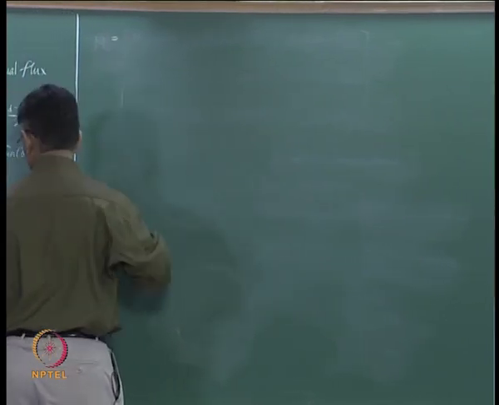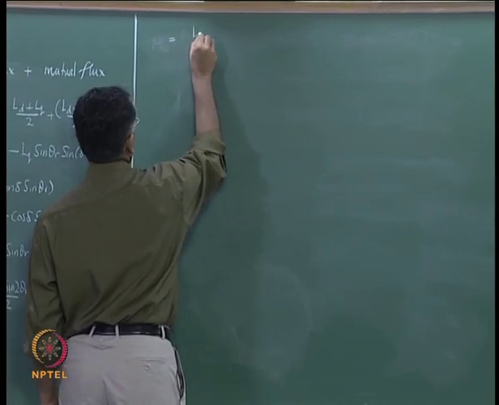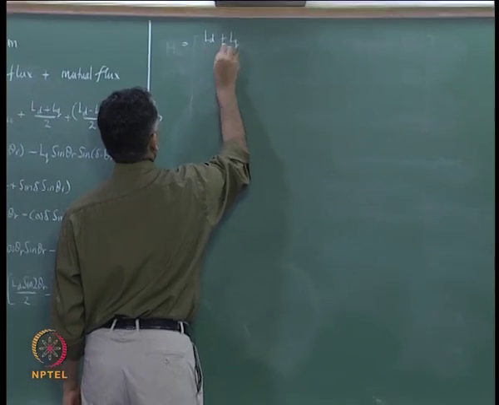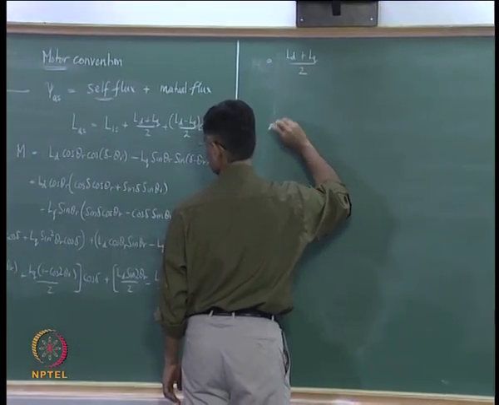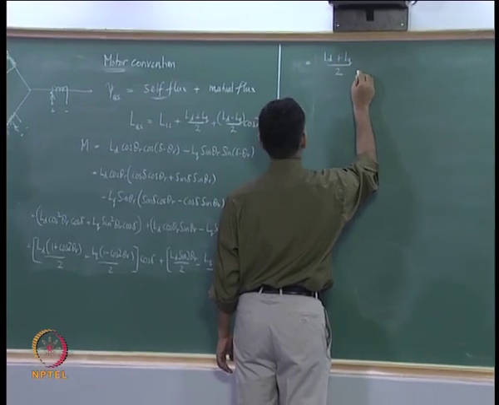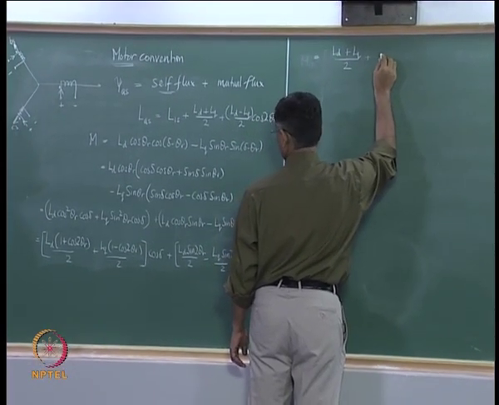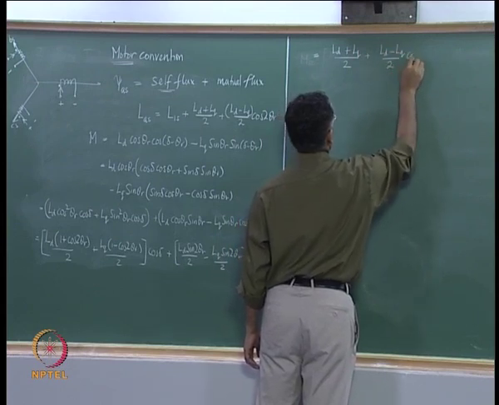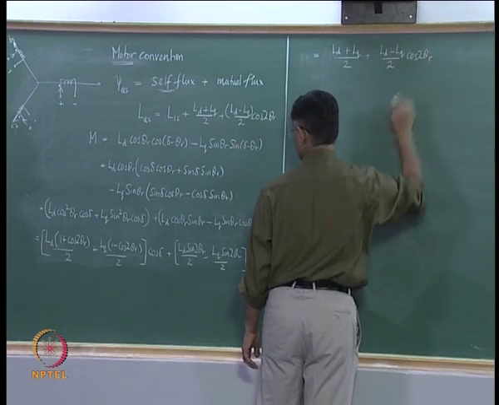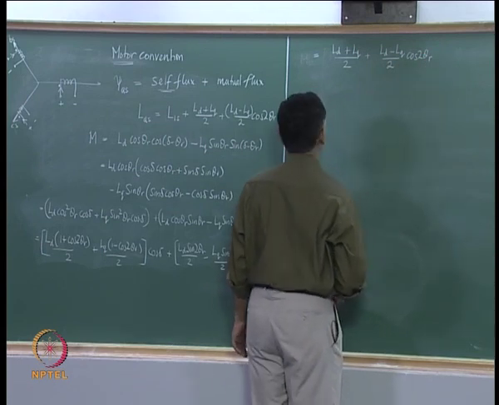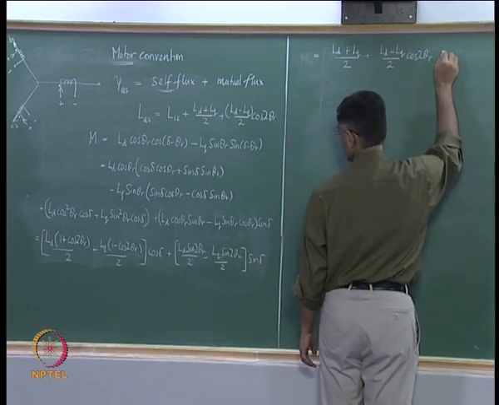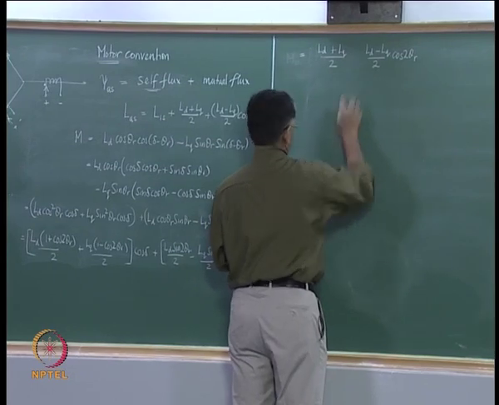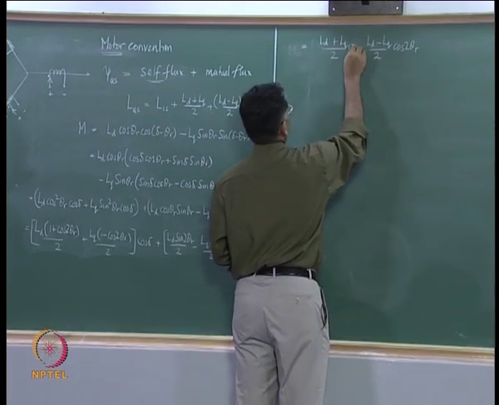So, that expression can be further written as LD plus LQ by 2 plus LD minus LQ by 2 into cos 2 theta r, multiplied by cos delta.